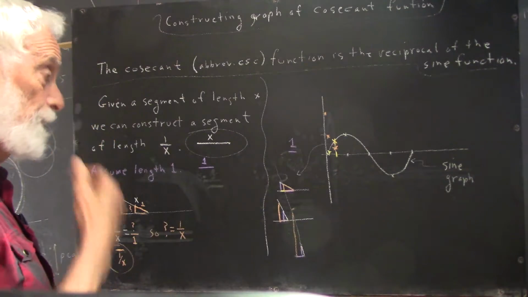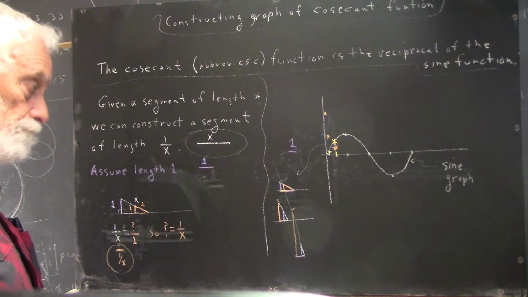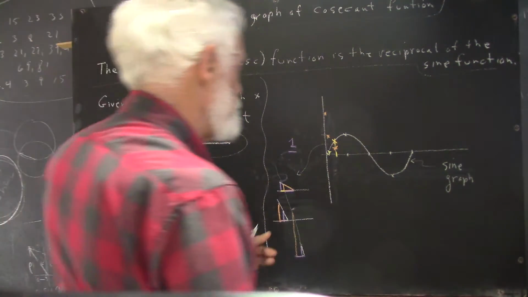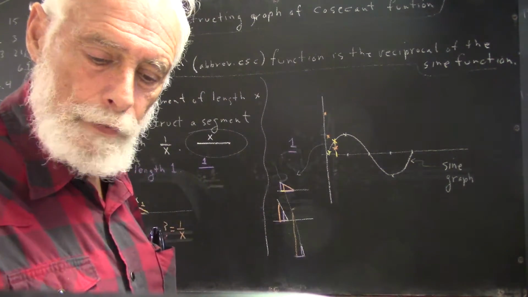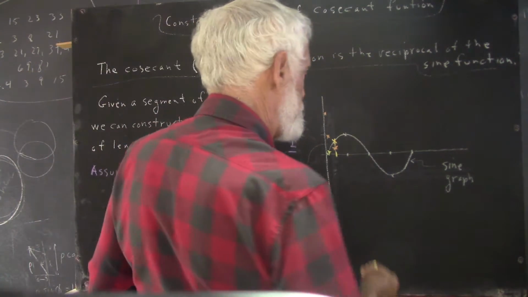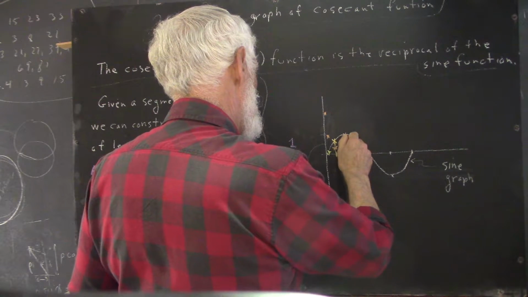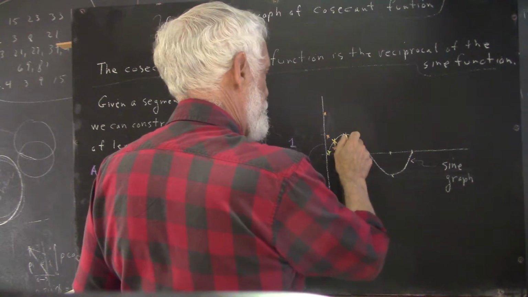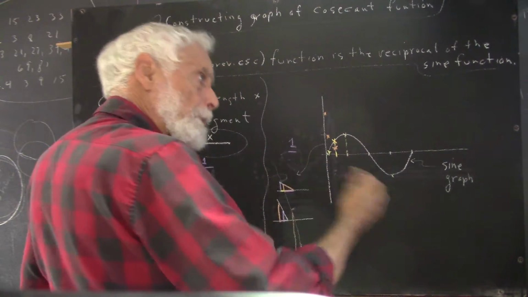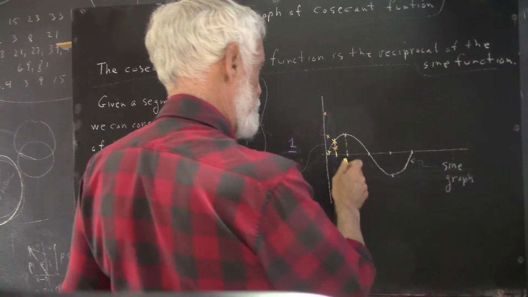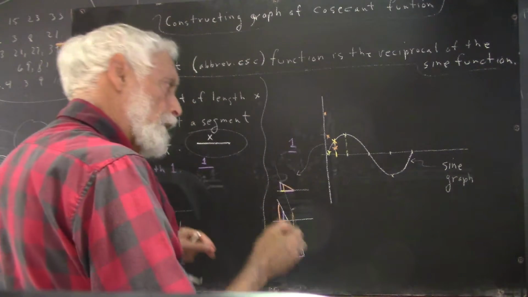Now, as the length of our vertical segment approaches its maximum, which is going to happen at the position here corresponding to a quarter cycle around our unit circle, around our reference circle.